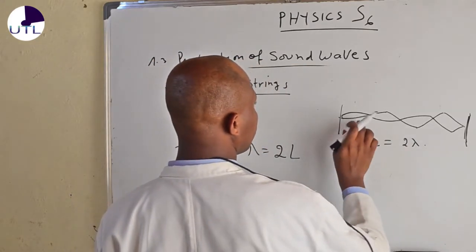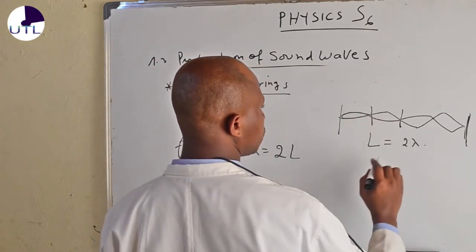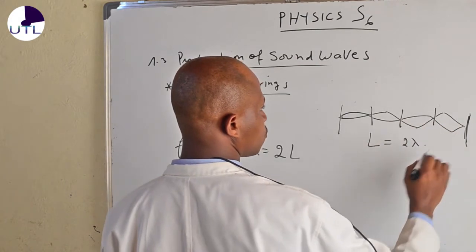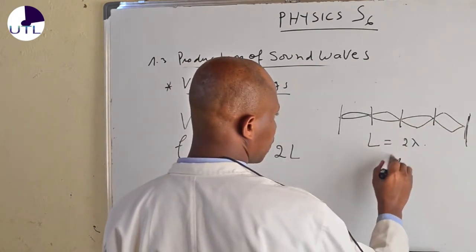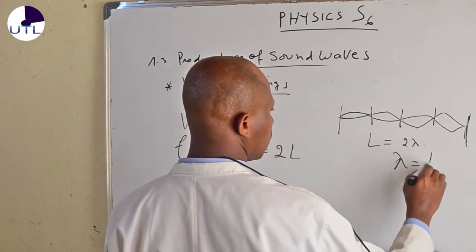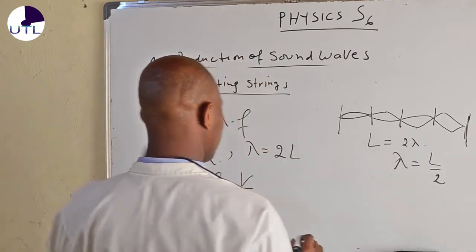So that's wavelength divided by 2, four times. So here wavelength will be equal to length divided by 2 for this case.